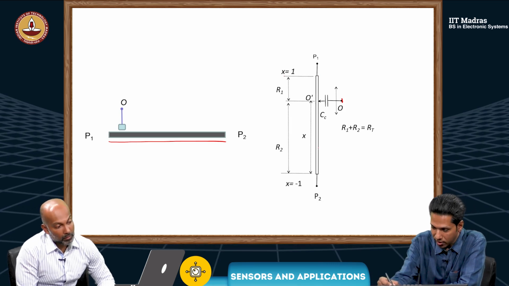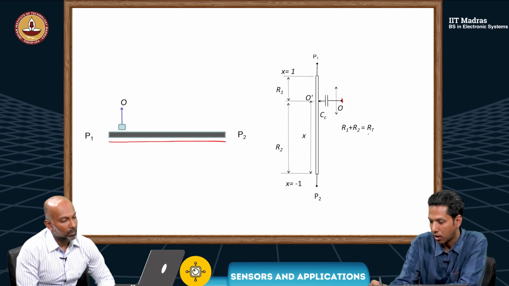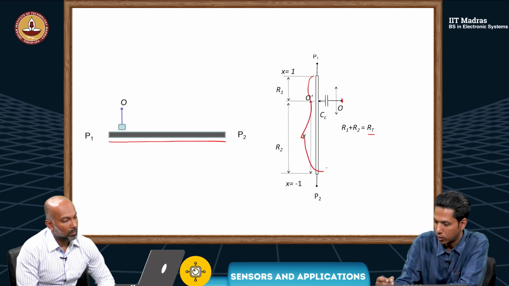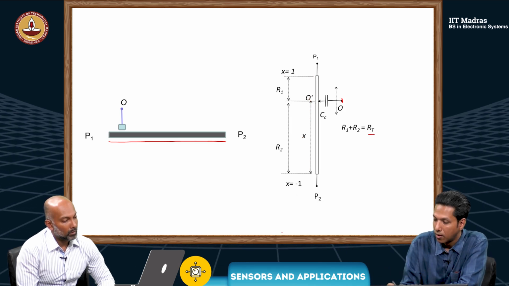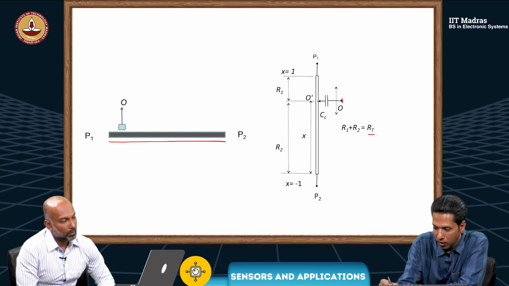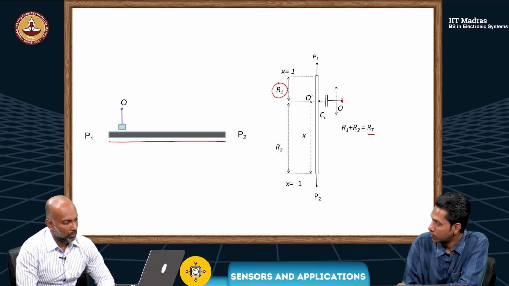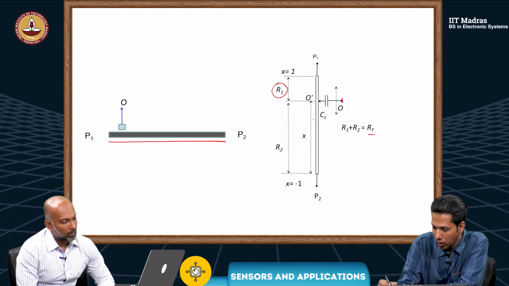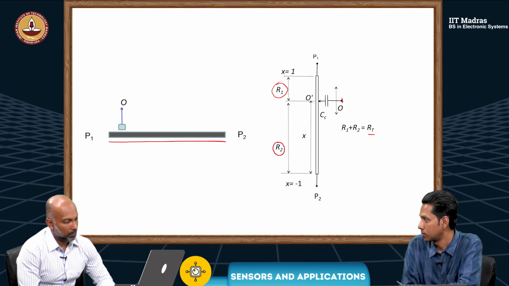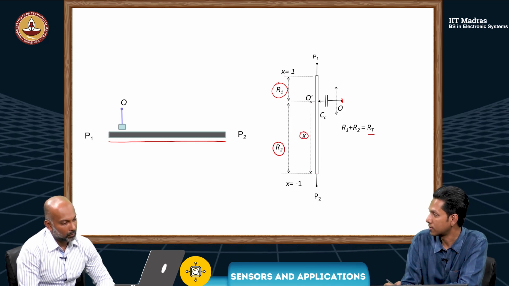And the total resistance between P1 and P2, let's say that is RT. Now, from P1 to the wiper position, we are marking it as R1. And again, from P2 to the wiper position, we are representing it as R2. Yes. And of course, what we are measuring is the quantity X.